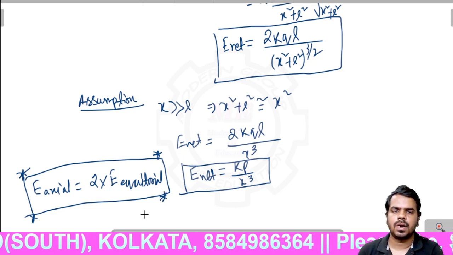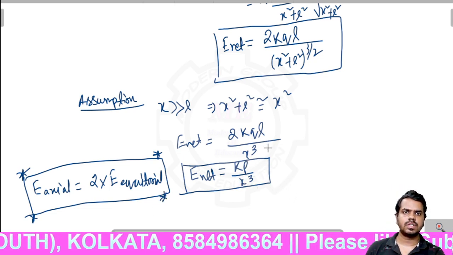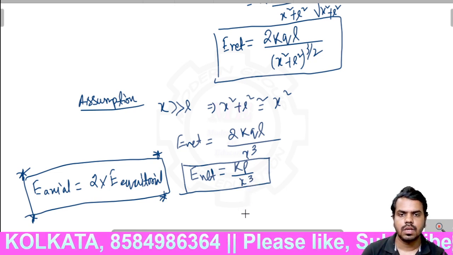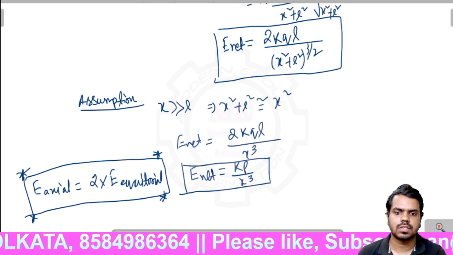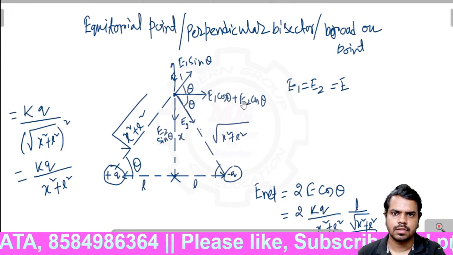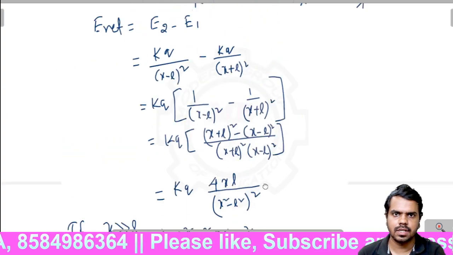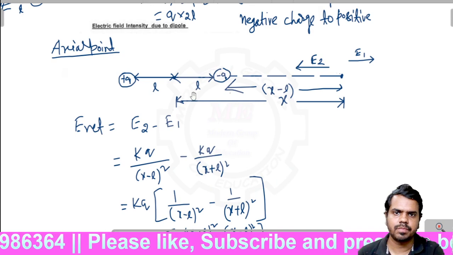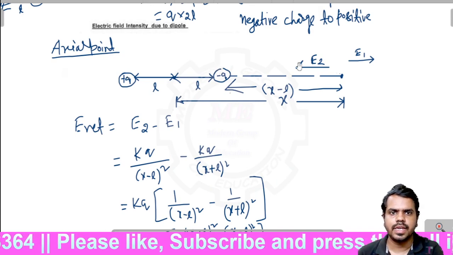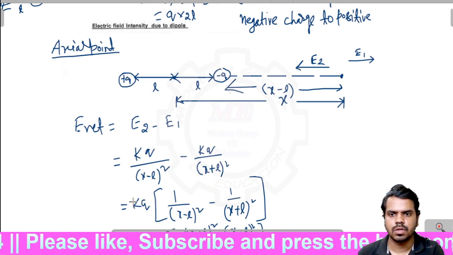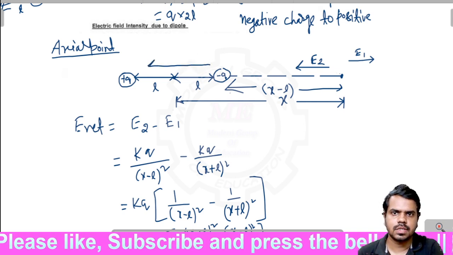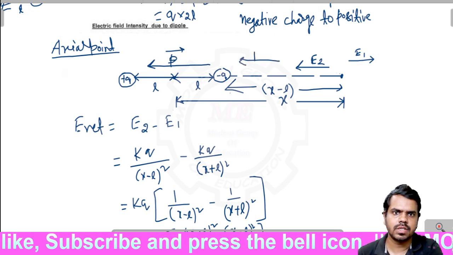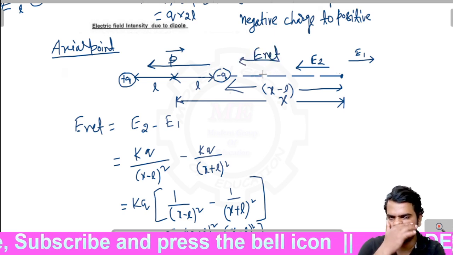Okay, but 2kp by x cube and kp by x cube are only the scalar values. Now you have to find the directions. In axial, the direction of p is from minus q to plus q, and E net is also from minus q to plus q, because E2 minus E1 has this direction.